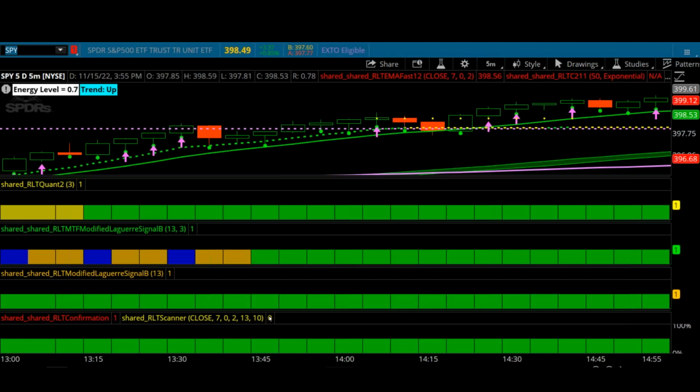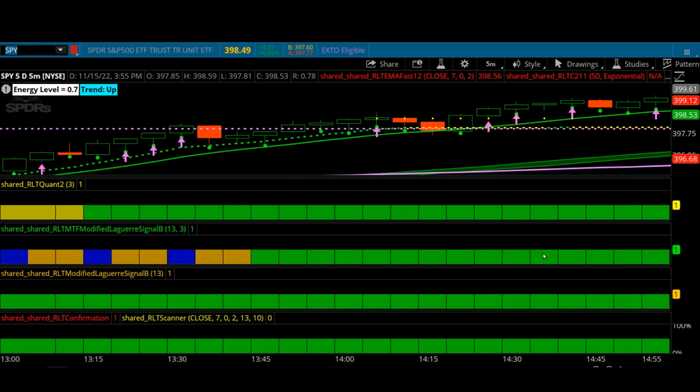If you're not familiar with what the Compass system and Dominator system look like, this is a SPY chart of the Compass system on a 5-minute chart. You see a lot of green and different colors and lines. In this particular case, this is a line that identifies current time frame momentum.